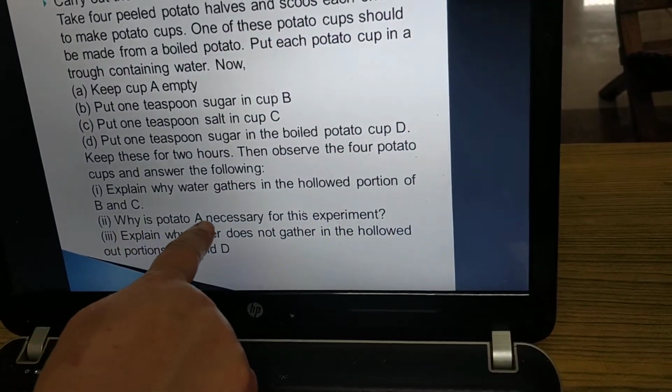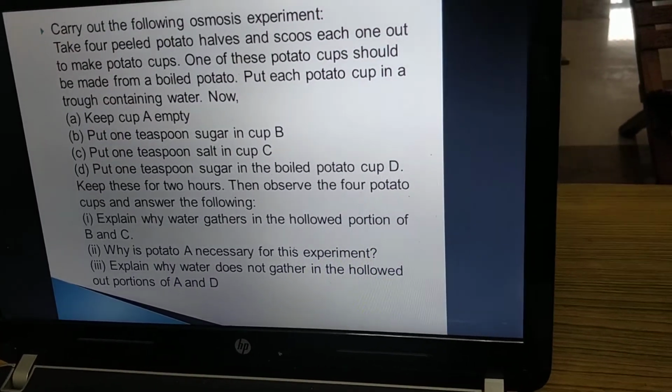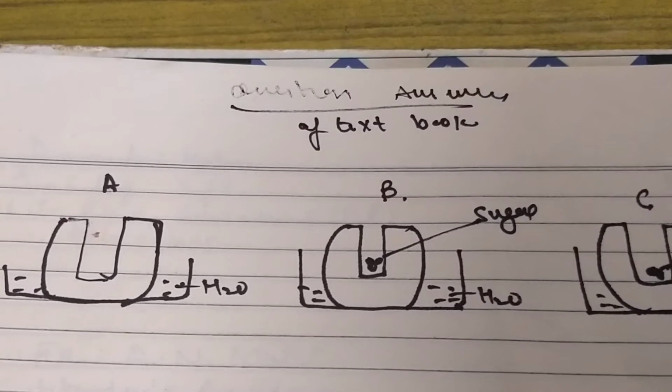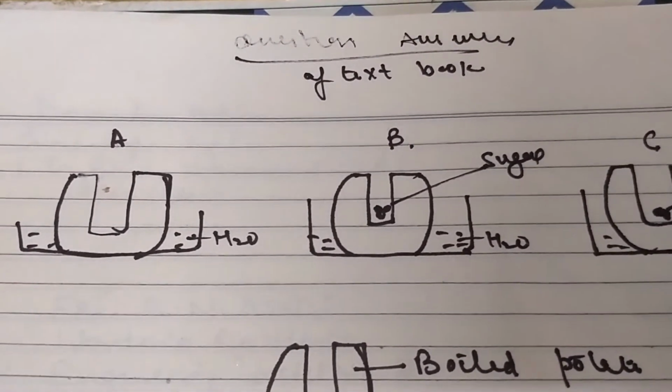Why is potato A necessary for this experiment? अब पोटैटो A को रखने की क्या जरूरत है? खाली पोटैटो रखने की क्या जरूरत है? Whenever we do our experiment, we always compare results.